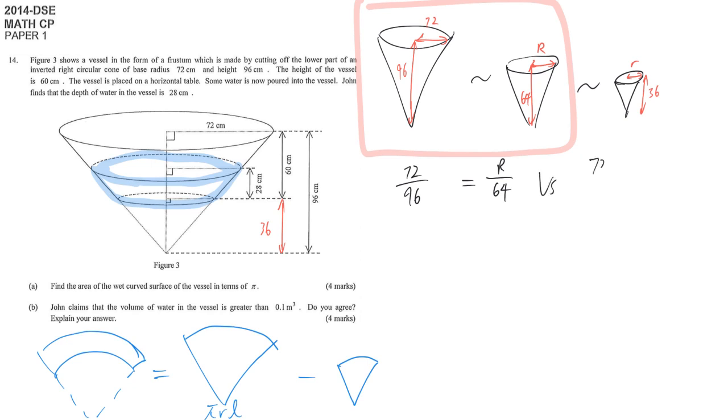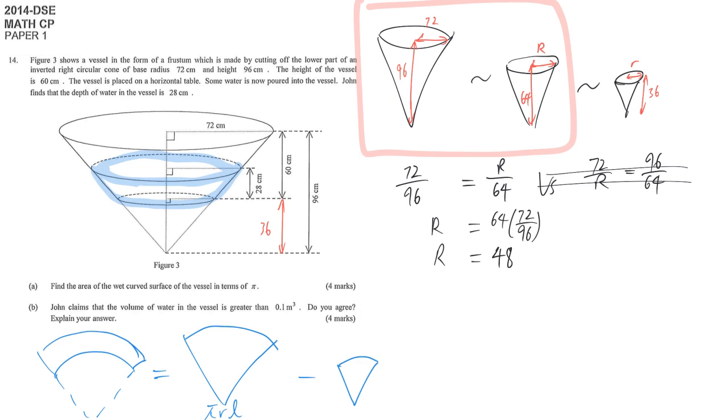Or you may write 72 to R is equal to 96 to 64. You may say the radius to radius should equal the height to height. Either equation will give you exactly the same result. So we just focus on the first one. And then R is equal to 64 times 72 over 96. Therefore, the base radius is 48 here.